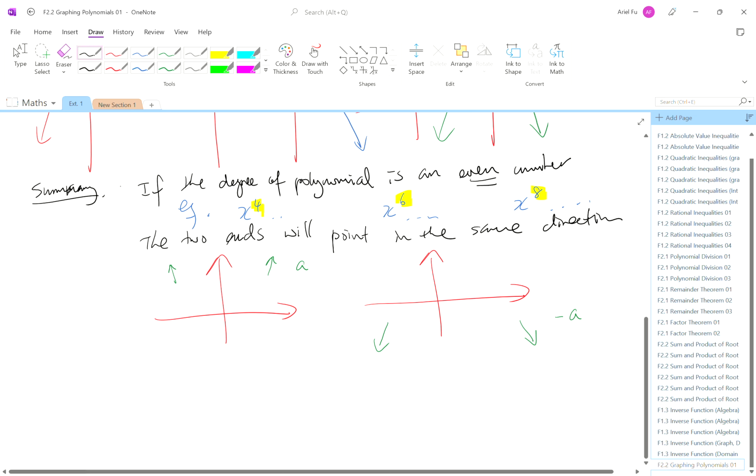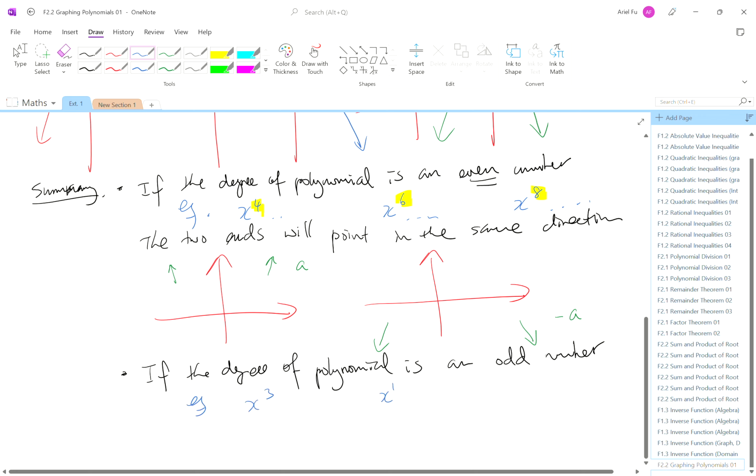Now, from here, you can probably guess what an odd power is. If the degree of the polynomial is an odd number, so for example you might get x to the power 3, you might get x, just a single linear one, or x to the power 5, whatever.